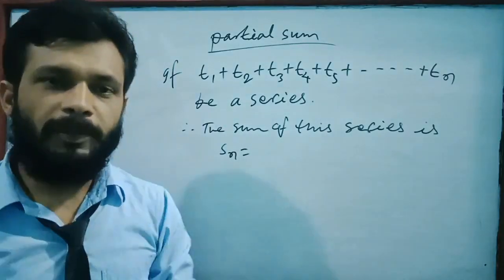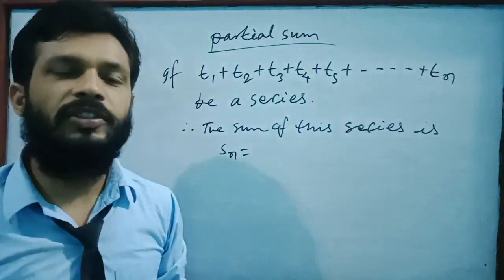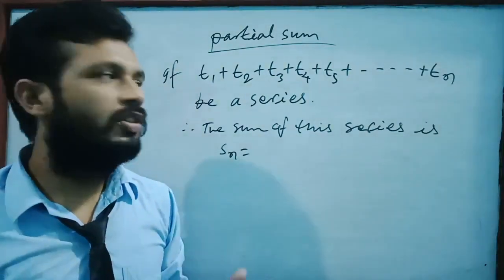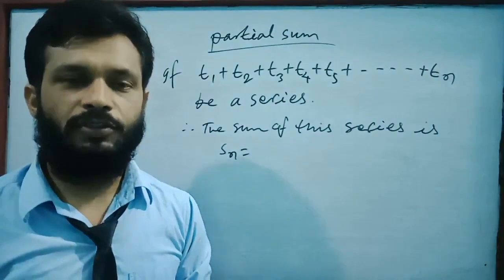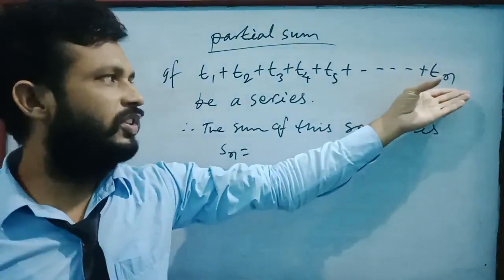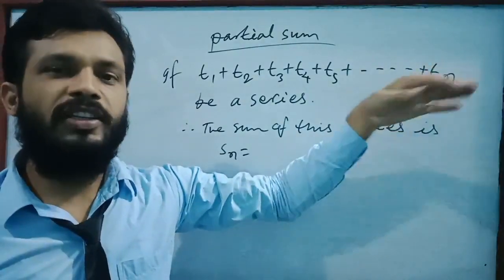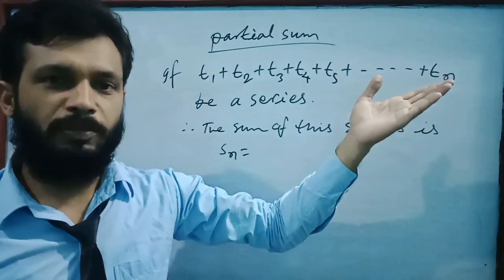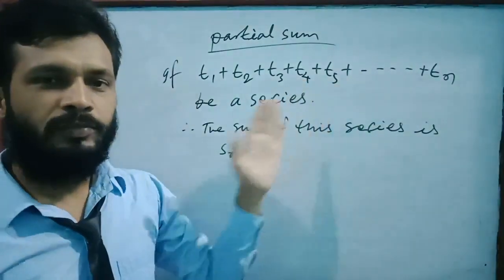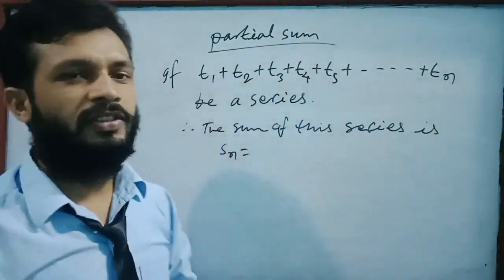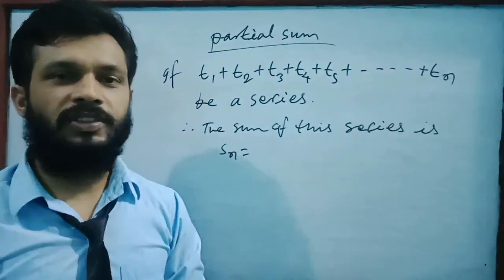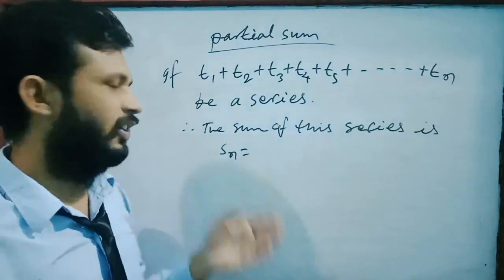The position of the last student shows the total number of students. So n represents the total number. So the sum of n terms is denoted by Sn.